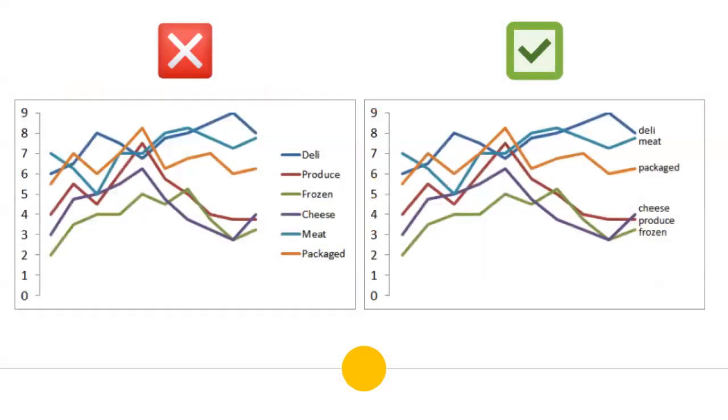Here's another example of legends. Here is an example of a legend on the right side. But what if we just don't even have the legend and we stick the values next to the bar itself? This way we don't have to look back and forth. Oh, dark blue is deli, orange is package.